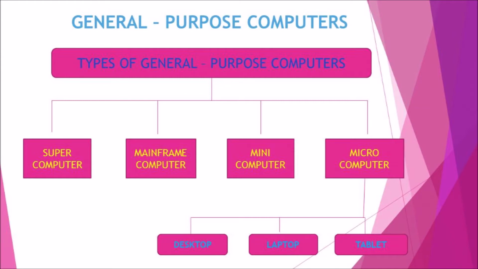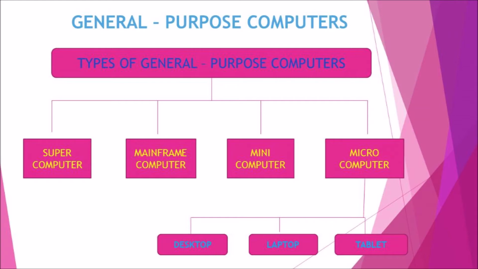On the other hand, specific purpose computers are designed specifically, already pre-programmed, to handle a specific task, to solve a specific problem. For example, onboard computers on a modern aircraft, in an aeroplane or a helicopter.